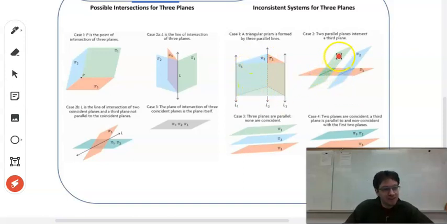You have this one where 2 planes are parallel. Right here along this line, you only get the intersection of pi 2 and pi 3, and on this line, you get the intersection of pi 1 and pi 3. Or you could just have all 3 planes parallel, or 2 of those planes could be coincident, parallel to a third. These don't work out too well. So let's look at an example.